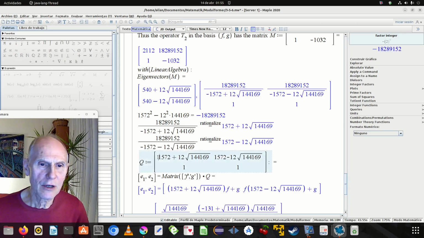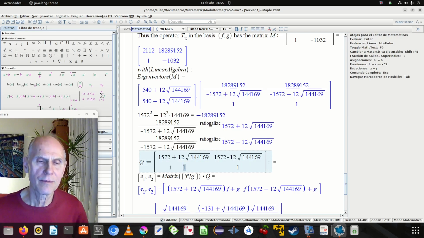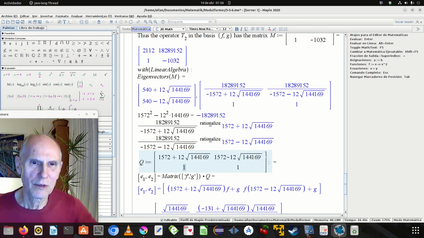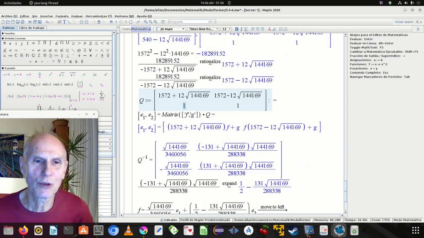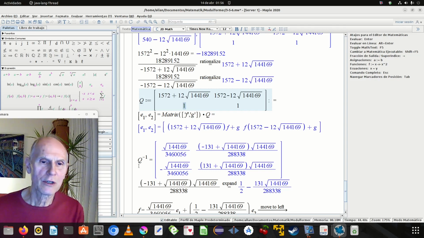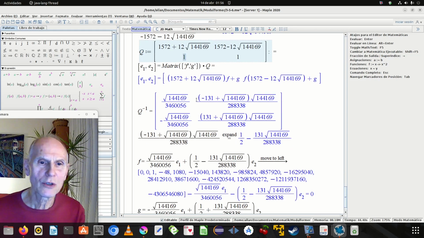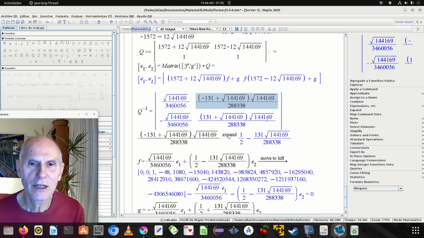So these are the eigenvectors. I'll write it explicitly here, the eigenvector 1. Actually, we usually write the eigenvalue here, but that would be overdoing it, I thought. Or rather, I didn't think of it at the time at all. And to find the F and G in terms of the eigenvalues, we compute the inverse matrix, and we need to simplify that.